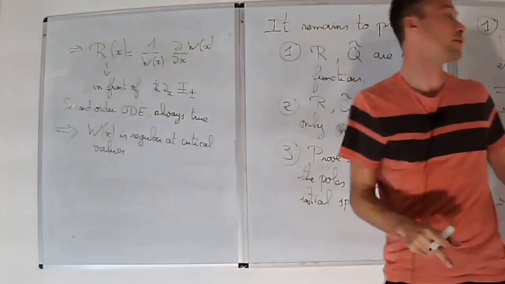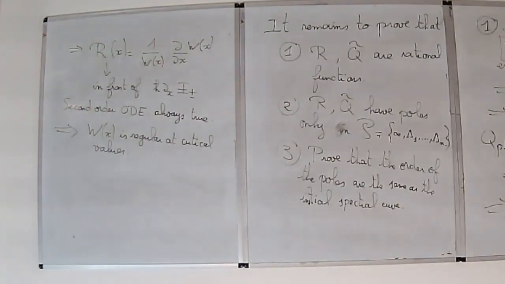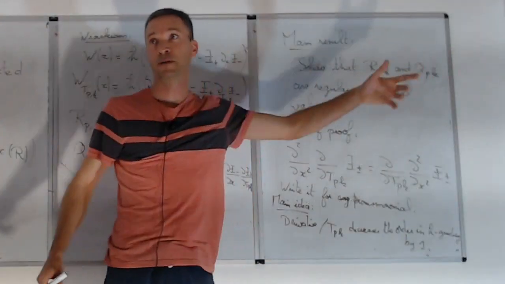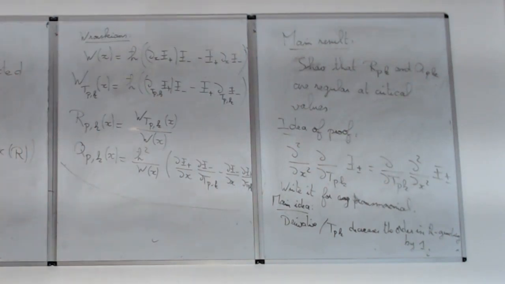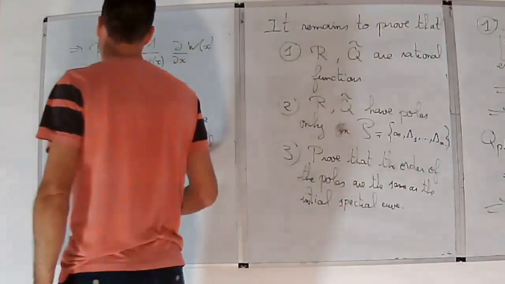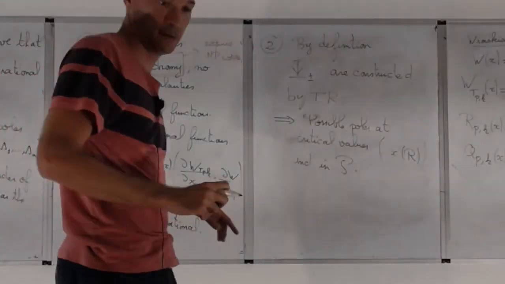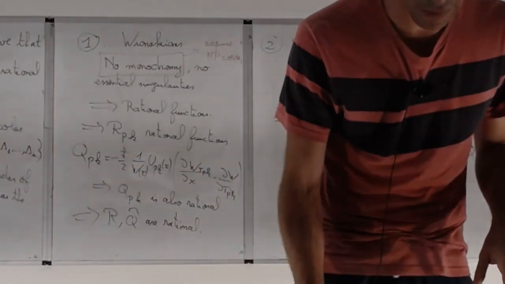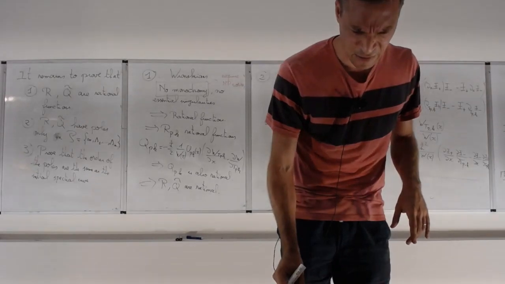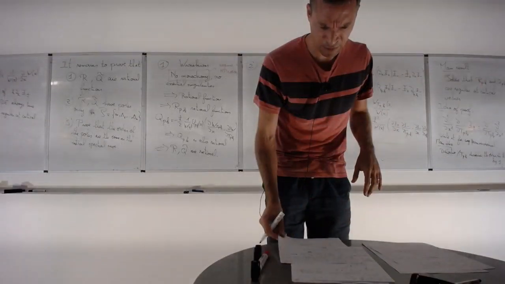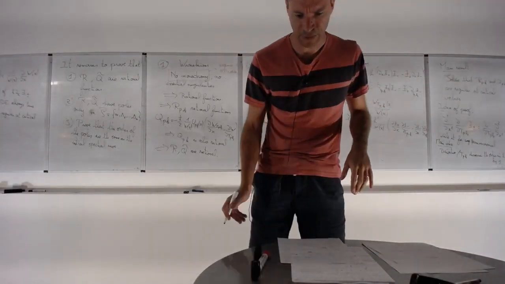And this is not possible because these guys are regular, so R is also regular. So this is okay, and the last quantities are for Q's, and so you need the Wronskians in time. Okay, and this is also true.